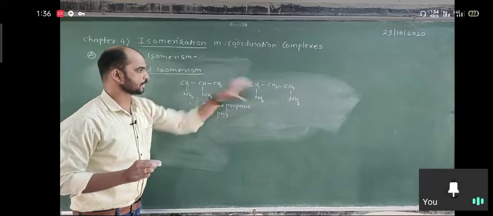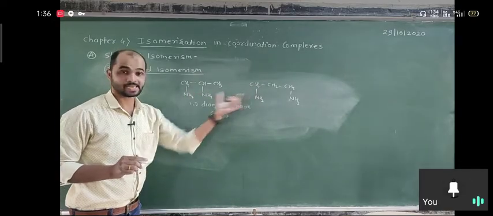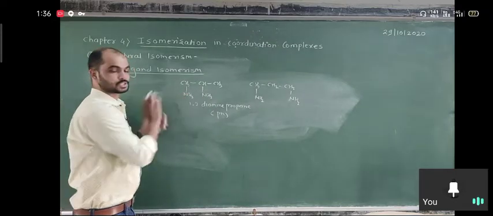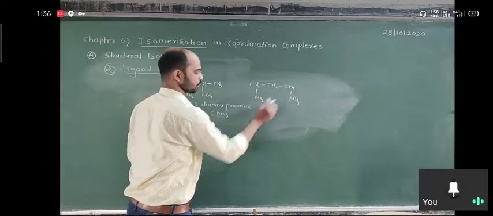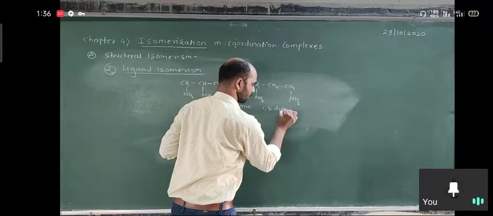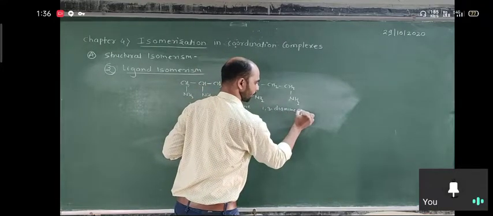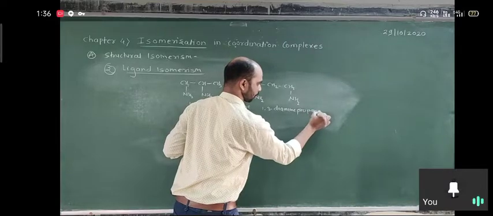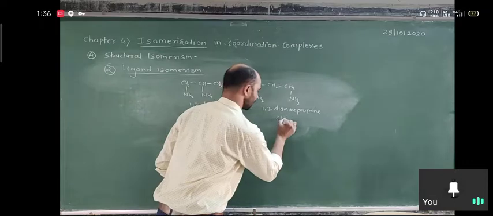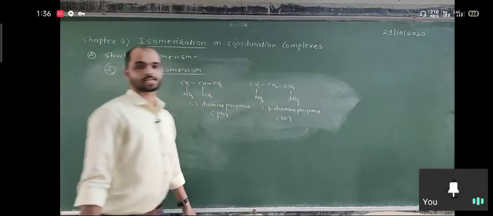Both have the same molecular formula and both are ligands. The first ligand has 1,2 position, the second ligand has 1,3 position, and its name is 1,3-diaminopropane or trimethylenediamine. It is represented as TN.